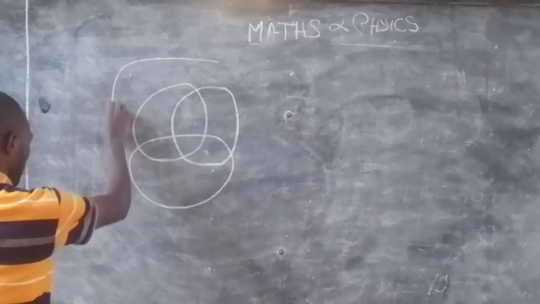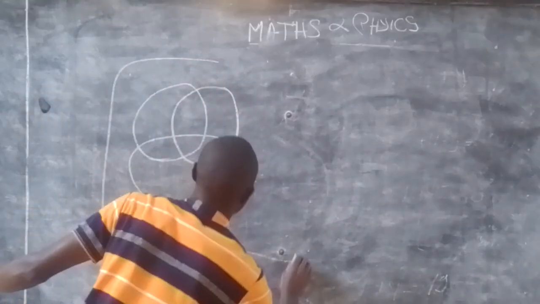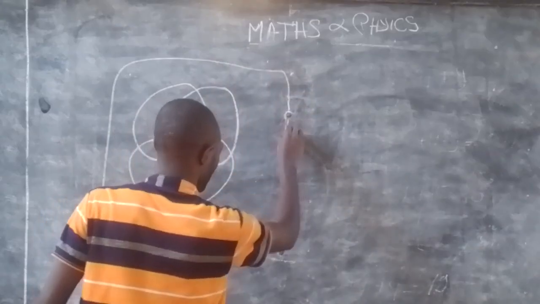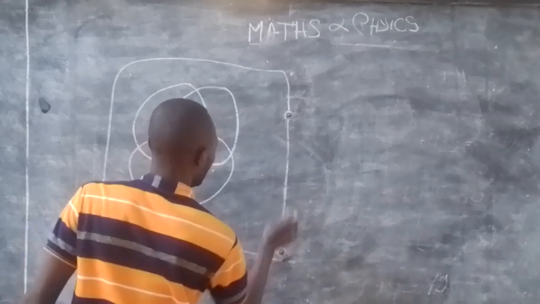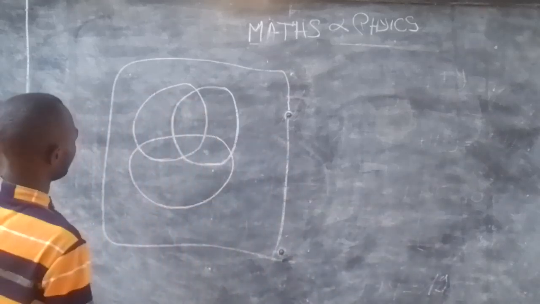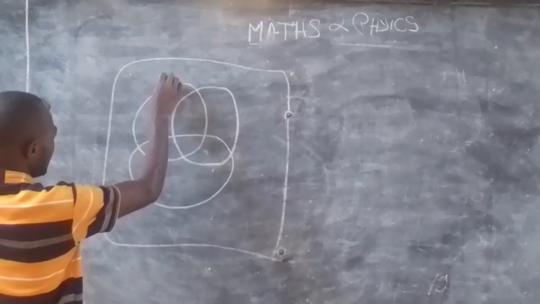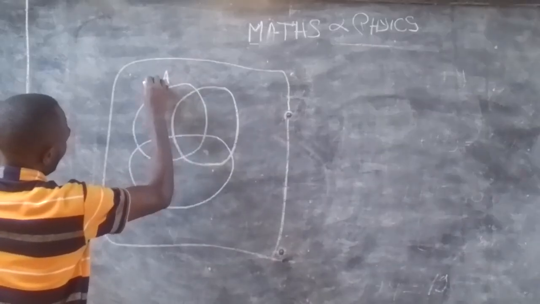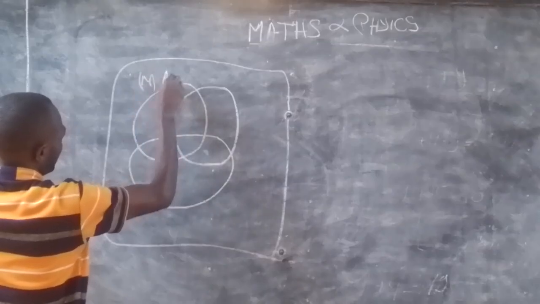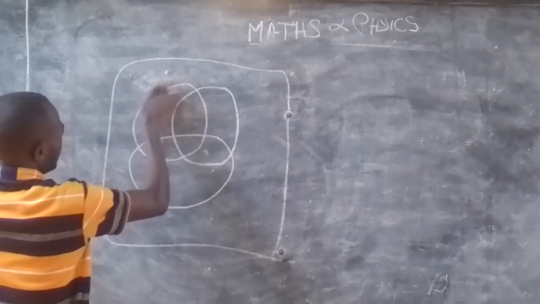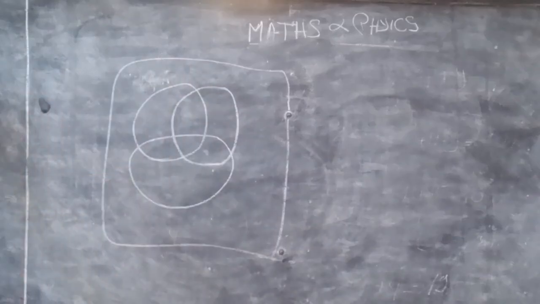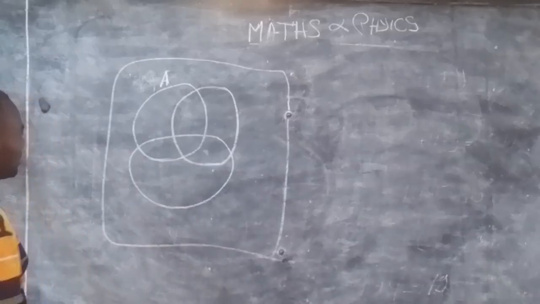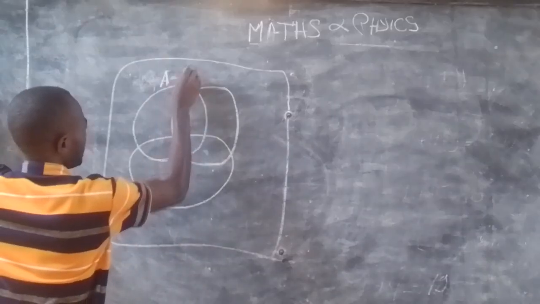This is our universal set. Here we have A, which stands for academic, which is equal to 8.